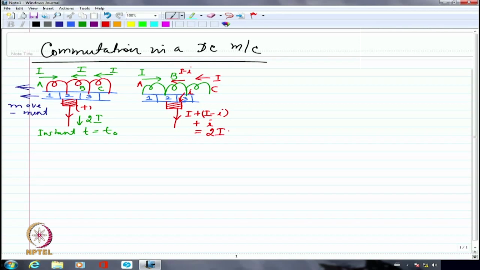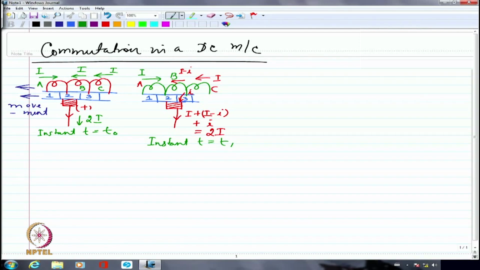So now this corresponds to the instant t equal to t1, after a little while from t0. Let me look at the next situation, where I have shown 2 having a little higher contact area and 3 having a smaller contact area.